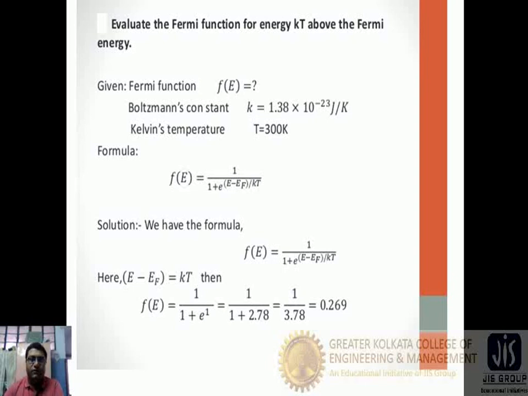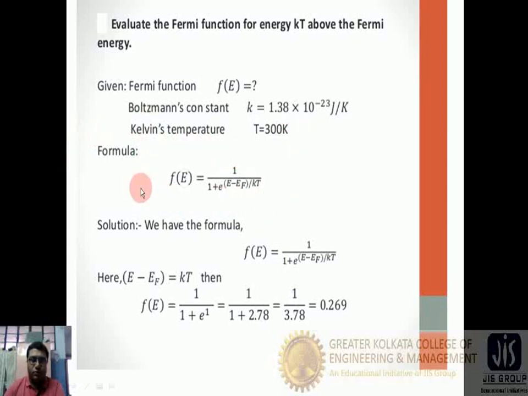Evaluate the Fermi function for an energy kT above the Fermi energy. Given the Fermi function, we have to find it. The Boltzmann constant, we all know, is a constant. The temperature is 300 K. The formula is a very well known formula.